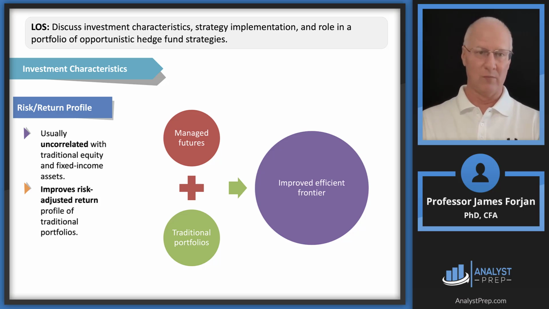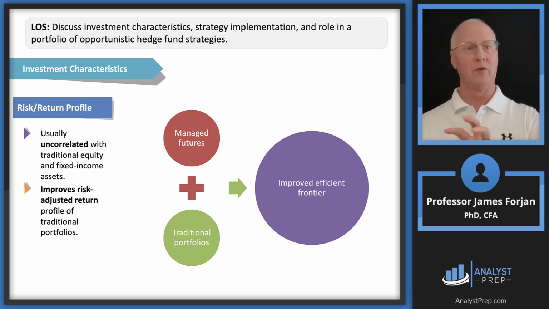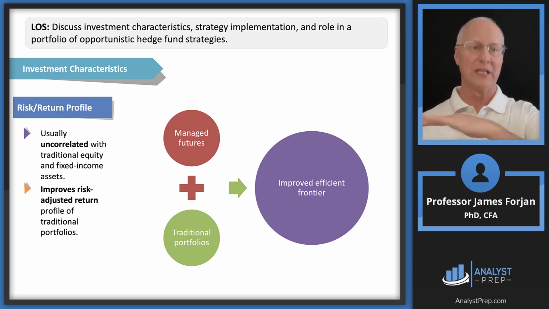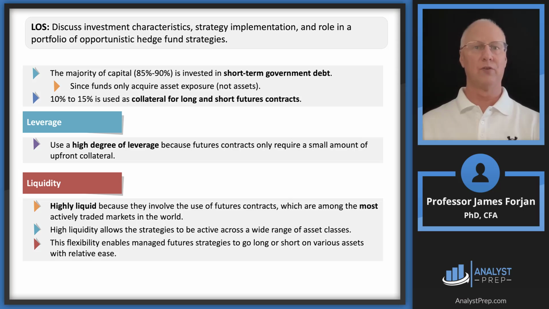It either means more expected return or less risk. That's why we have that second arrow point there, improves the risk-adjusted return profile of traditional portfolios. So think about this in this opportunistic with the managed futures. We're actually layering our portfolio with managed futures.